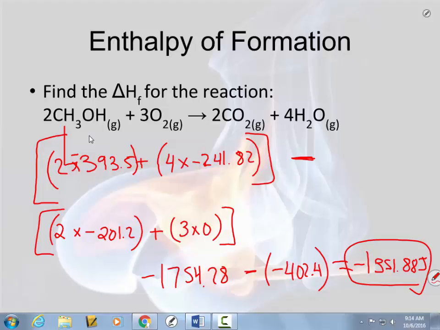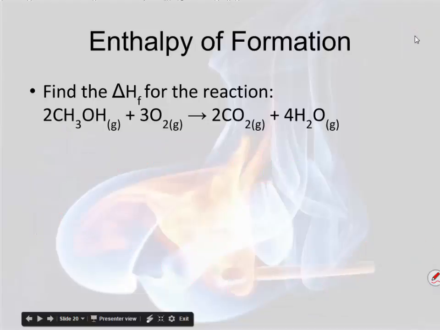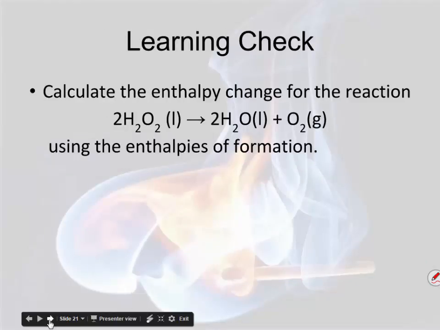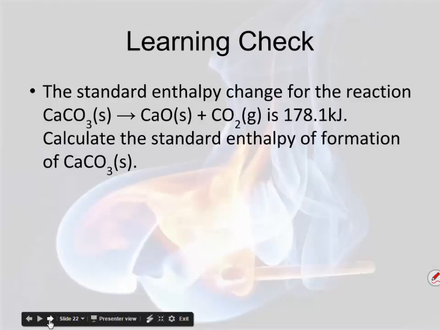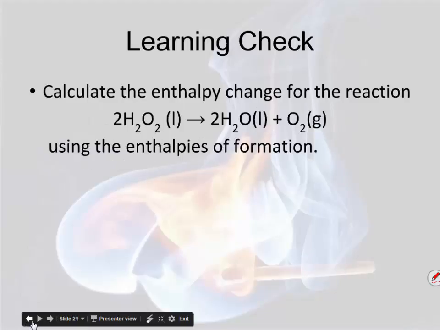Let's try one more. Okay, so here I have calculate the enthalpy change for the reaction using our enthalpies of formation. I'm going to take my products over here minus my one reactant. So liquid water has a value of negative 285.83.